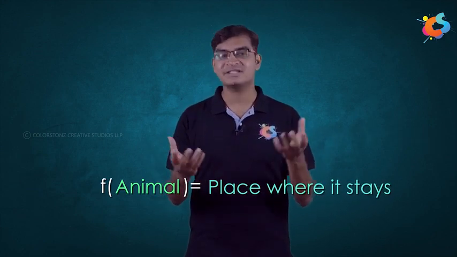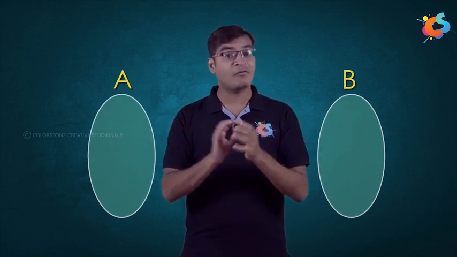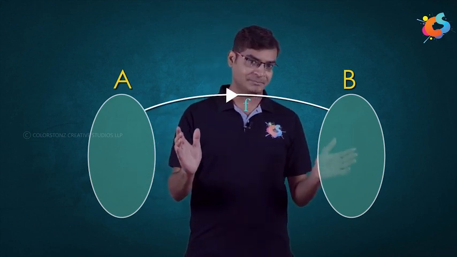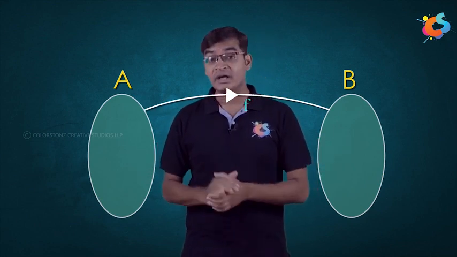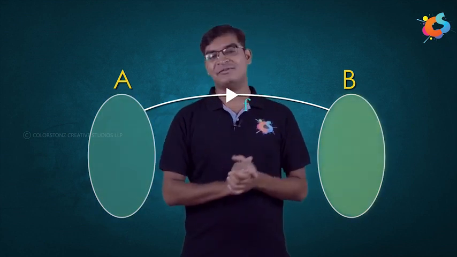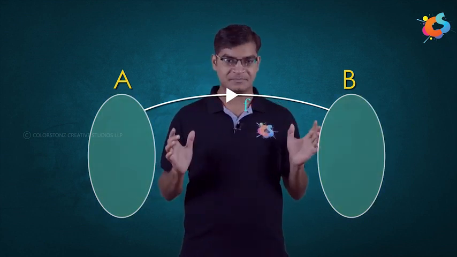So it is taking the input as an animal and giving an output of where this animal stays. To understand this, let us take two sets, set A and set B. Let us say our function is mapping from A to B. So now A will have input elements and B is where you will find the outputs.